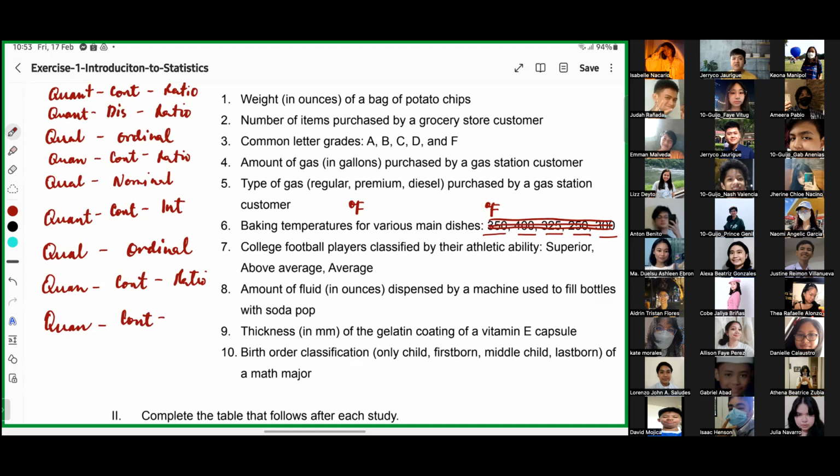When we say nominal, it gives name to the thickness. Do we give name to the thickness like thin, super thin? Kasi pag sinabi kong thin, super duper thin, okay naman thick, that's no longer nominal, no? Mapupunta na siya sa ordinal.